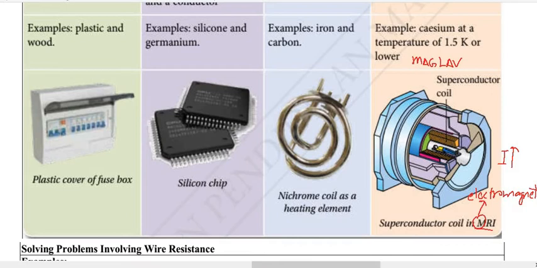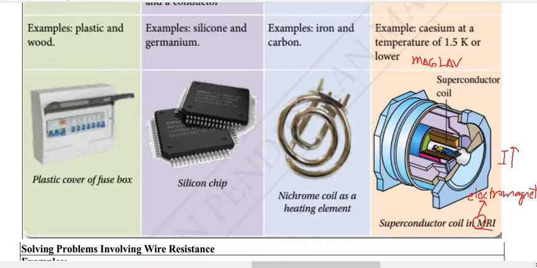Okay, continuously have current. So it will permanently produce an electromagnet. But of course, you must maintain the temperature at the critical temperature.